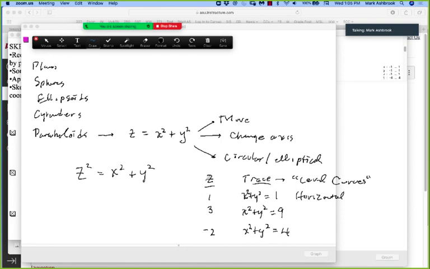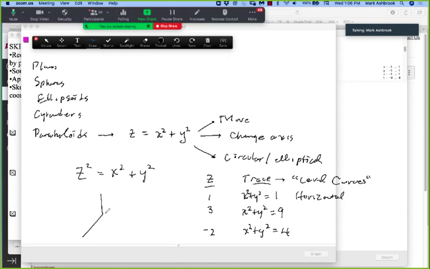So I'm getting circles just the same way we got before with the paraboloid. We got circles. But now what's different? What's different is the radius of these circles was the square root of z. What's the radius of these circles? It's the absolute value of z. Yeah, exactly. It's just z, or if the z is negative, then absolute value of z, right? So here my radius was square root of z. Here my radius is actually z, which means that as we increase in z, the radius increases.